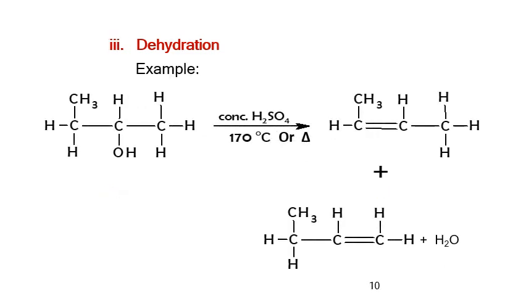Another example is 2-butanol treated with concentrated sulfuric acid produces 2-butene and 1-butene and water. So there are two products, major and minor. To determine the major and minor, this reaction applies the Saytzeff rule that you already learned in alkenes.